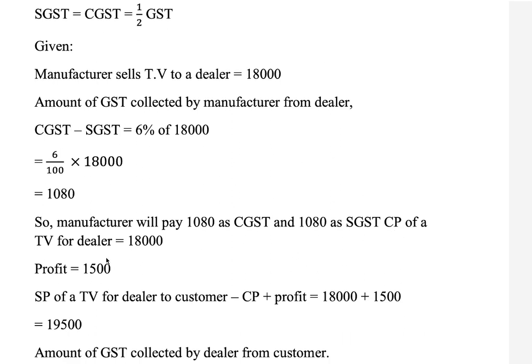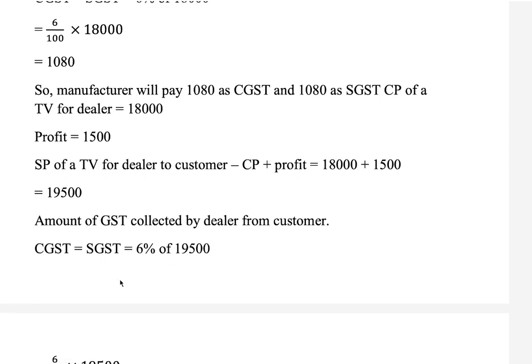So the manufacturer will pay 1080 as CGST and 1080 as SGST. CP of the TV for the dealer is 18,000 rupees. Profit is 1500 rupees. So SP, the selling price of the TV from the dealer to the consumer, is CP plus profit, 18,000 plus 1500, that comes to 19,500.